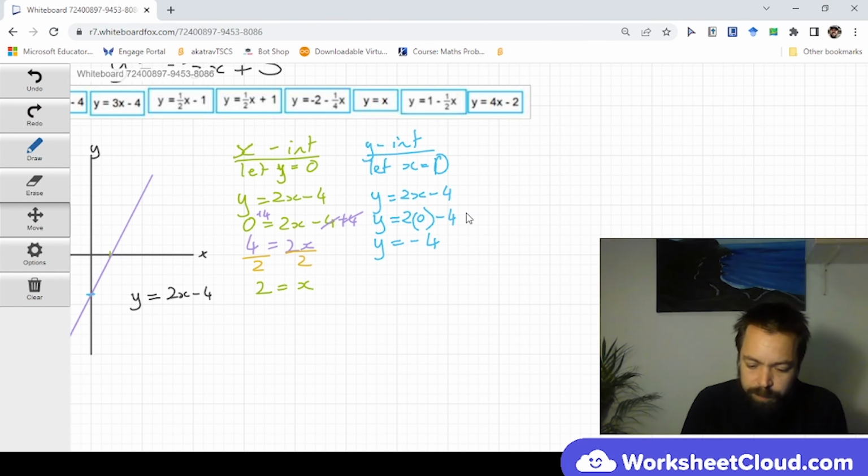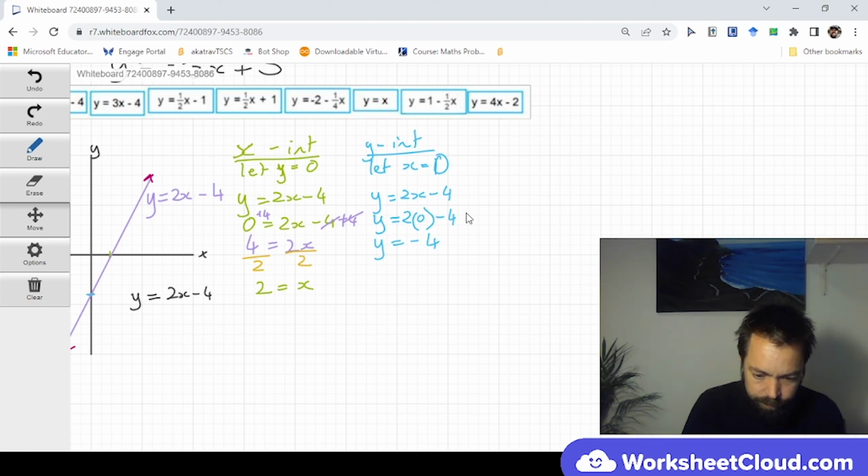And there is the line, and you should label it y equals 2x minus 4. Now, a good check to see the sign: my positive gradient means it's going up, which is correct. Okay, we've done one.